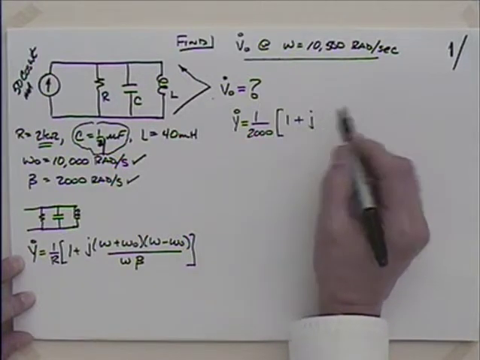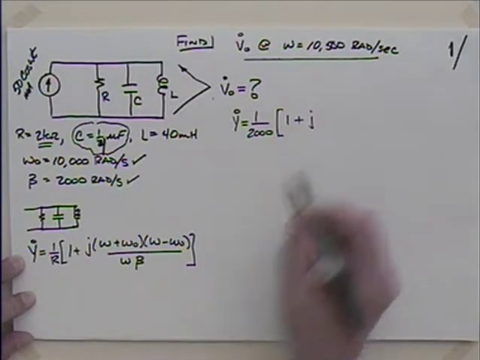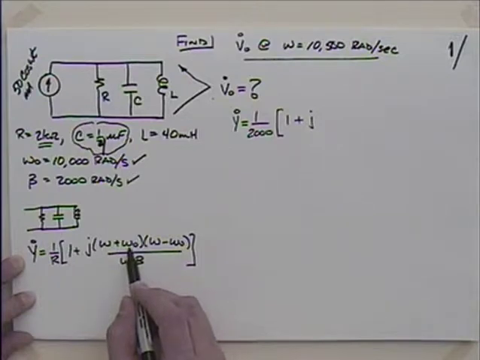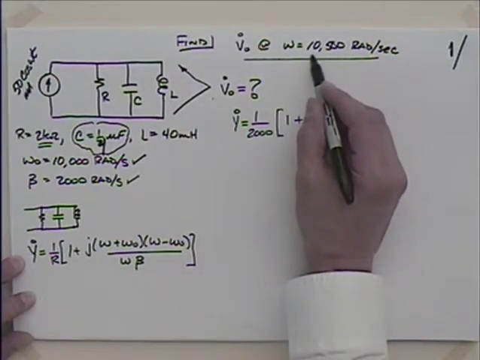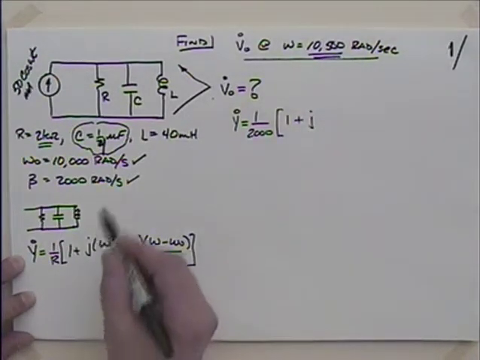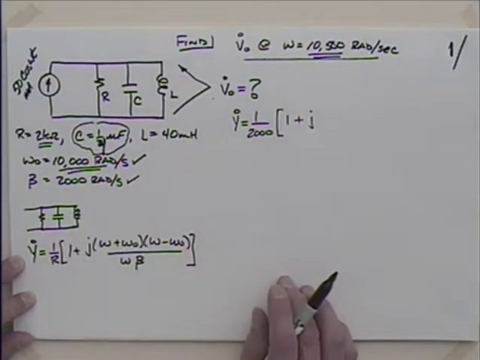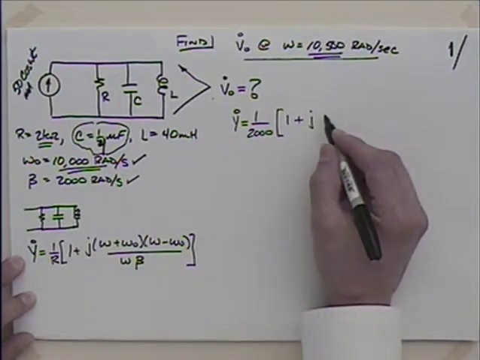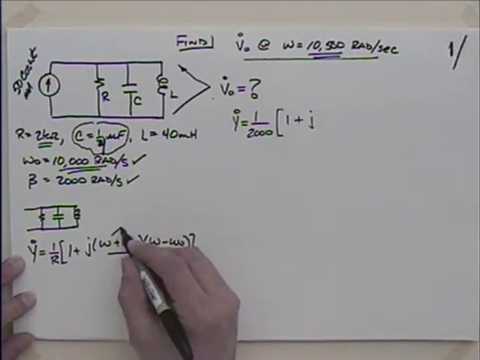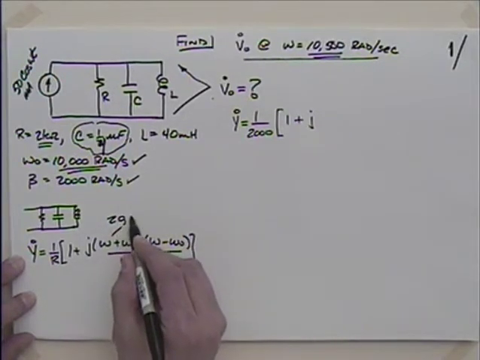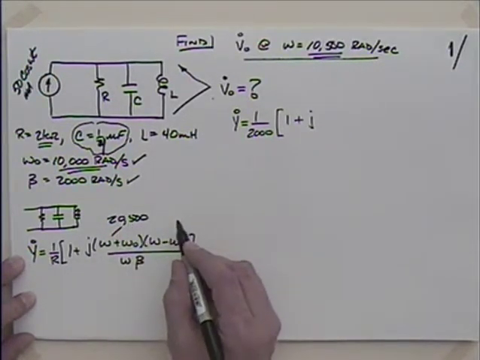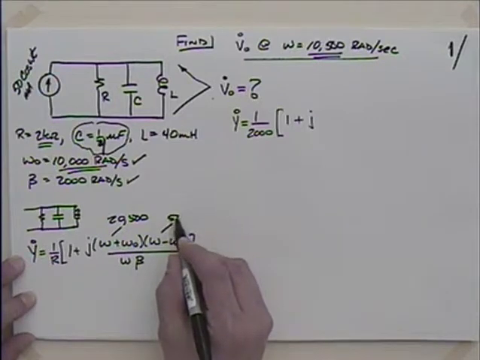of course j is the square root of minus 1, so we're back into complex numbers here, and then omega plus omega naught. Remember we're going to drive this at 10,500, that's our omega, and our omega naught is the resonant frequency at 10,000, so I am going to have omega plus omega naught, that should be 20,500, and omega minus omega naught should be just 500.